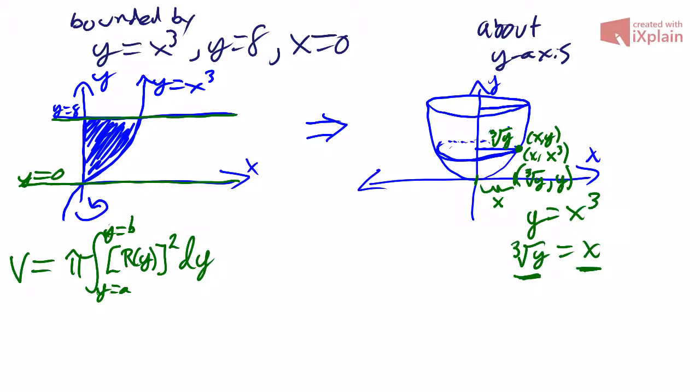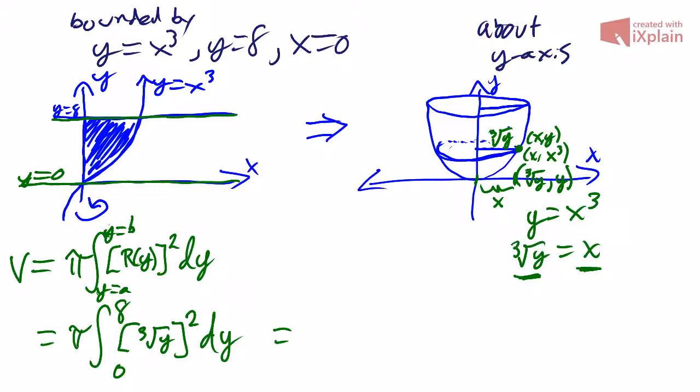Okay, so then we can substitute into our formula. The volume is equal to pi times the integral. We said y ranges between 0 and 8. r of y we said is the cube root of y, squared, dy.